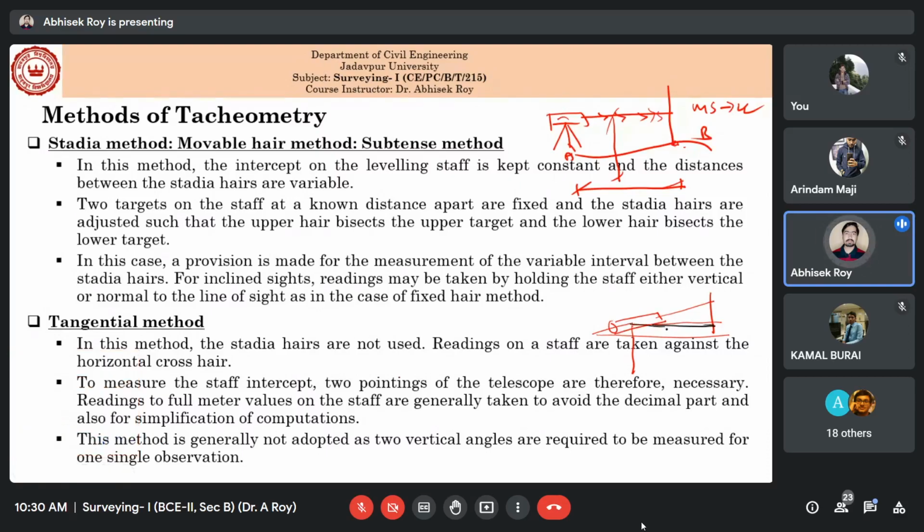This one is the distance D between the instrument and the staff, and this reading is say H1 and this angle is theta1.